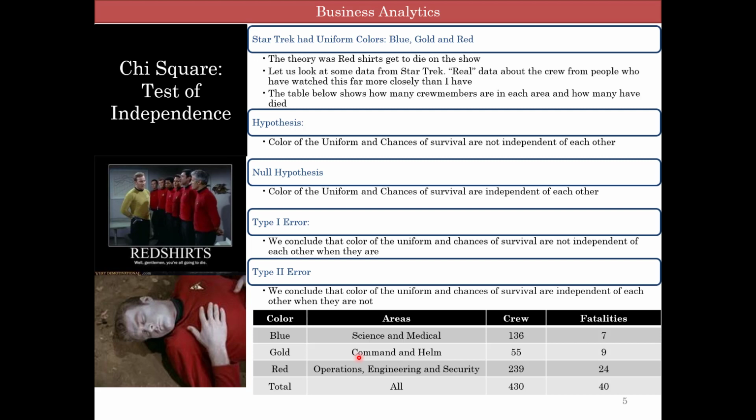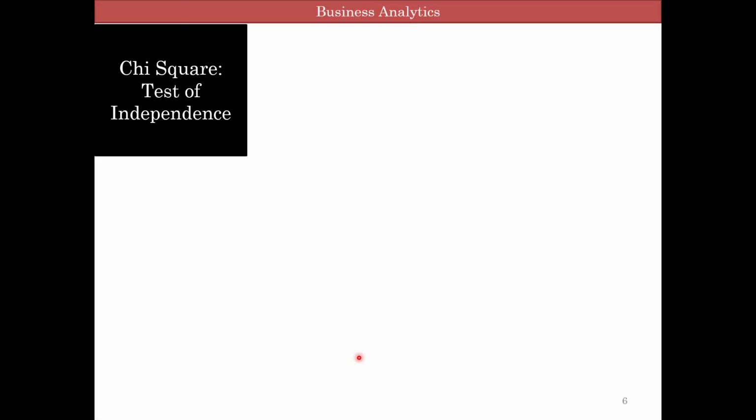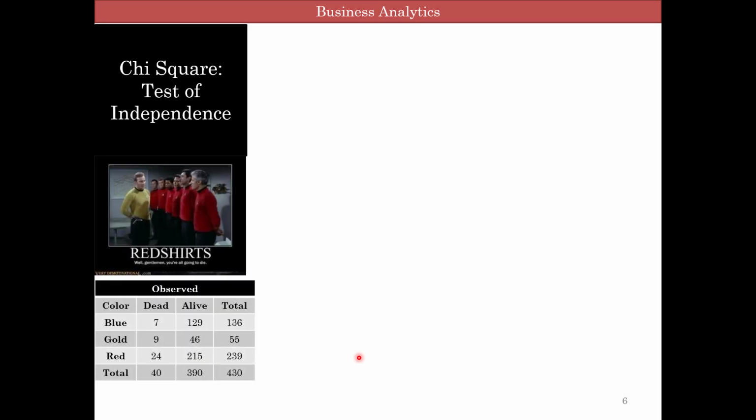So let's see how we are going to conduct the chi-square test of independence for this problem. The first thing to do is to rearrange the data set. You have to rearrange the data set such that you have one variable as your rows, which in this case is color, and the other variable, which has two categories, as your columns.